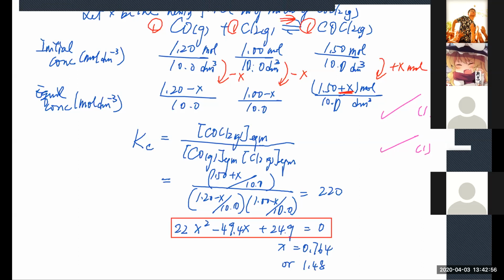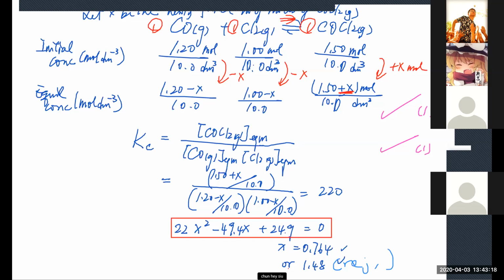Anyone who can get the answers? Put a thumbs up, let me know if you can get these two. And for those who cannot get this, let me know as well.